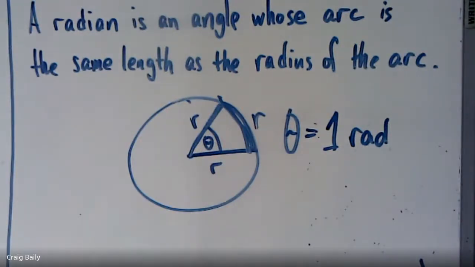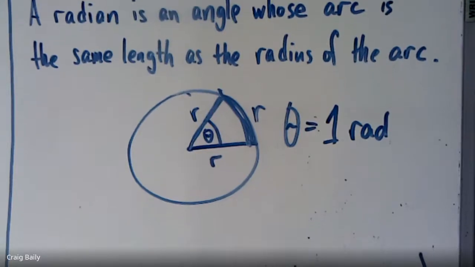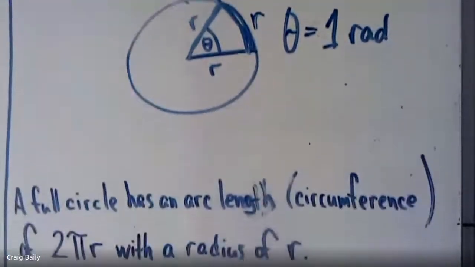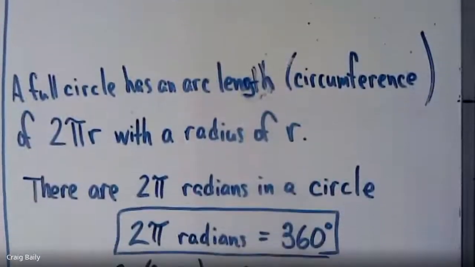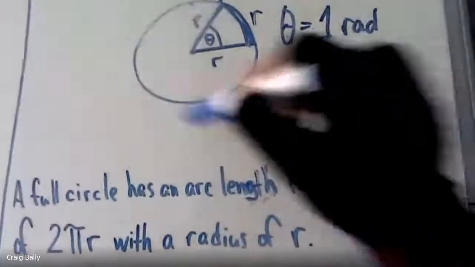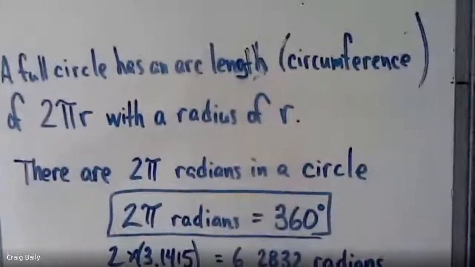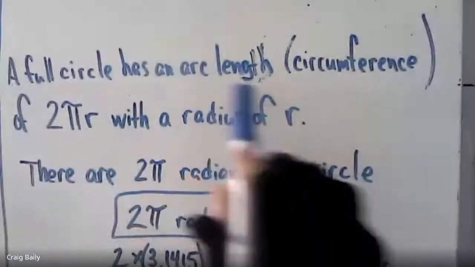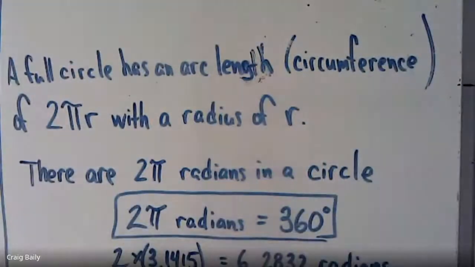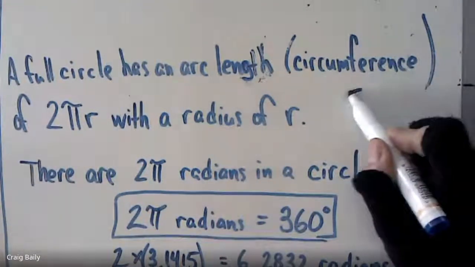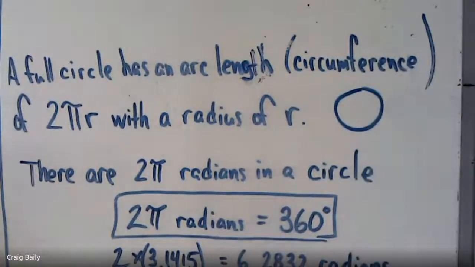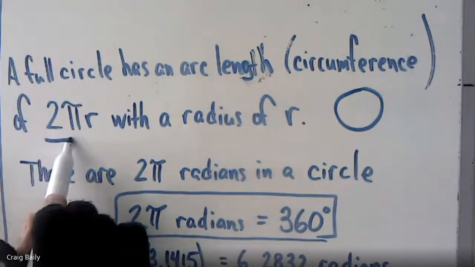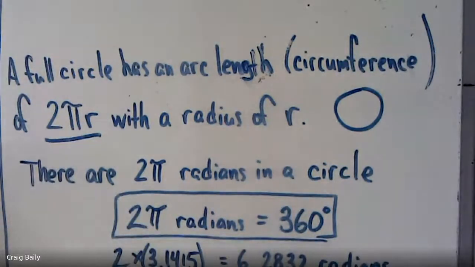All right, let's have a little bit more info on radians here. By definition, a full circle, meaning this entire circle, has an arc length, which we call the circumference. In other words, the distance around the entire circle is 2 pi radians.